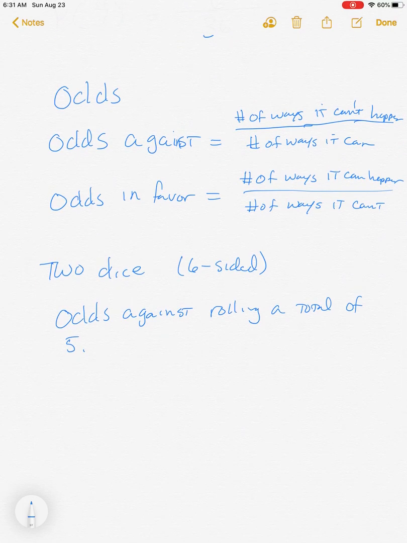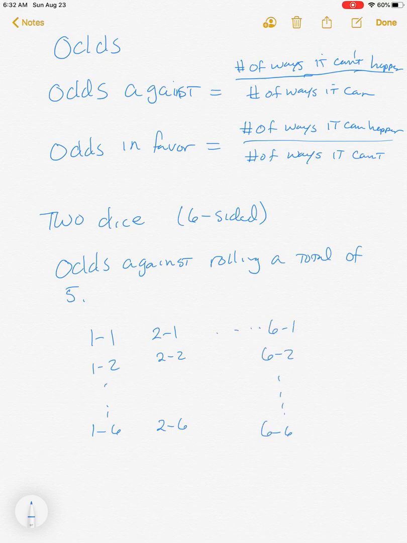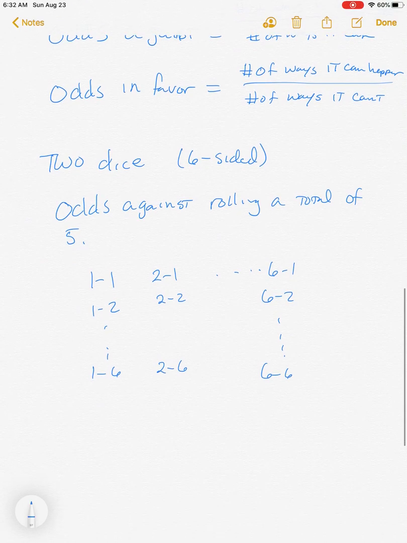What we need to do is remember what our sample space looks like. It looked like 1, 1, 1, 2, all the way down to 1, 6. 2, 1, 2, 2, all the way down to 2, 6, and so forth to 6, 1, 6, 2, all the way down to 6, 6. So notice that odds doesn't ever take the size of the sample space. It literally is counting the number of ways it can over the number of ways it can't, or vice versa.